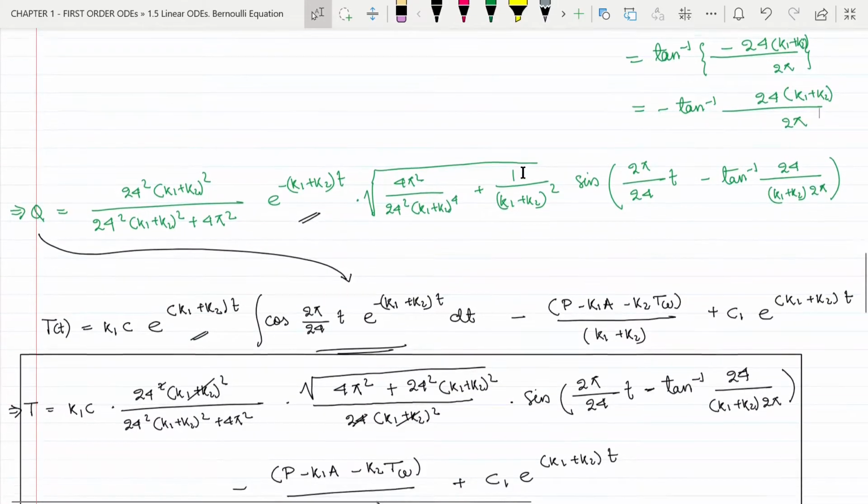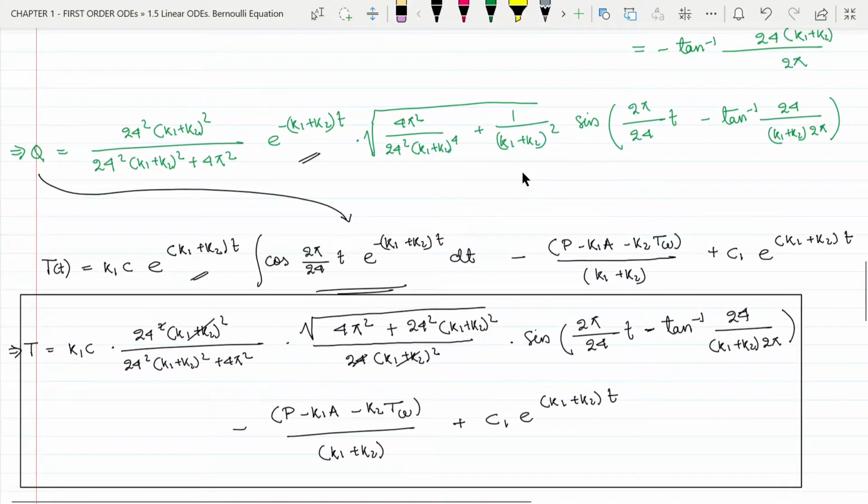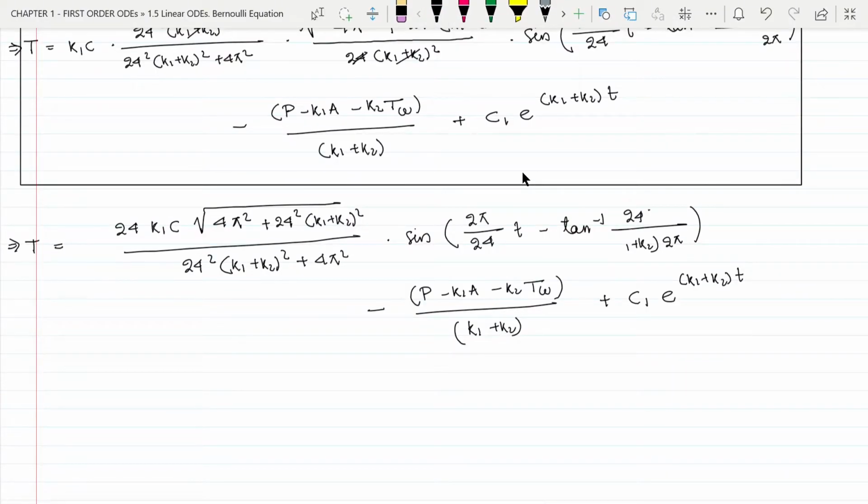Similarly, in the other steps, I have to correct it also. The k1 plus k2 should be in the numerator here, also here, and also in this step. Now let us proceed further with the problem.